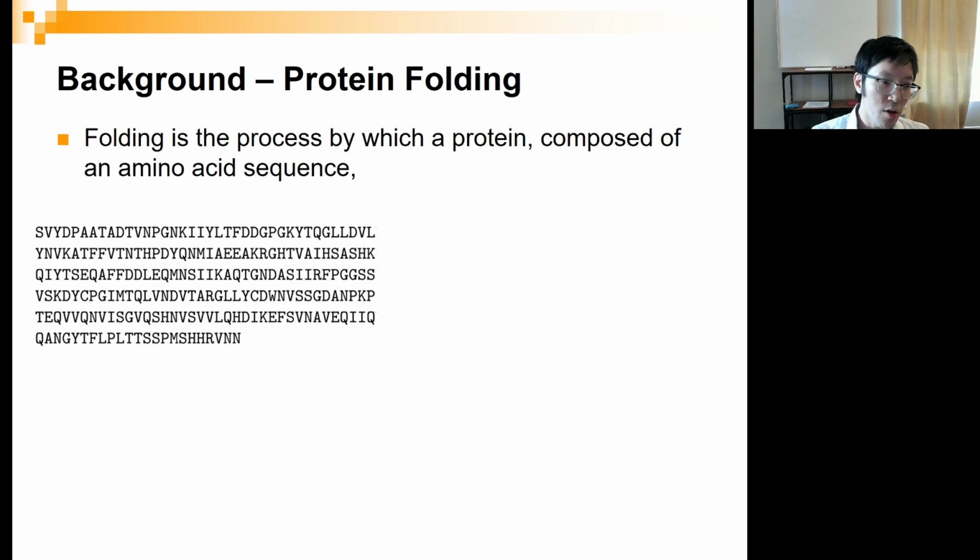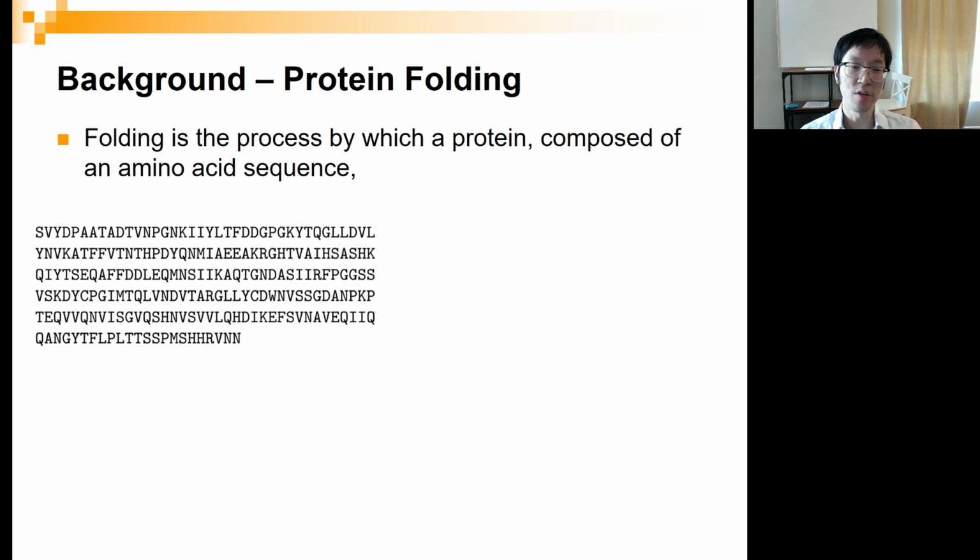Okay, so when I say protein folding, I'm just, again, to give a very brief background, talking about the process by which a protein, which we can encode or represent as a sequence of amino acids. There are 20 different unique amino acids, so they can be represented in terms of letters representing each distinct amino acid.